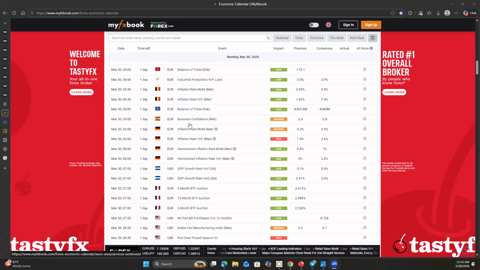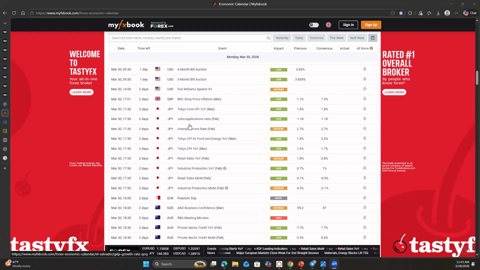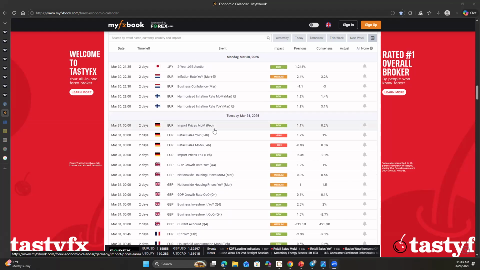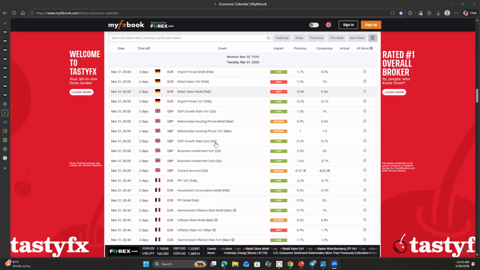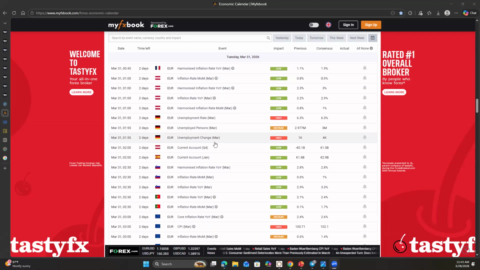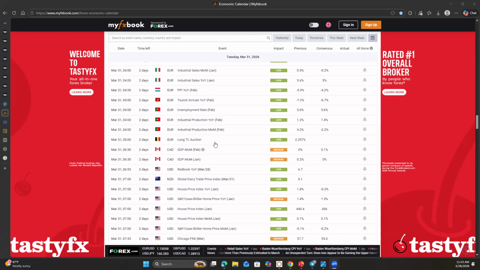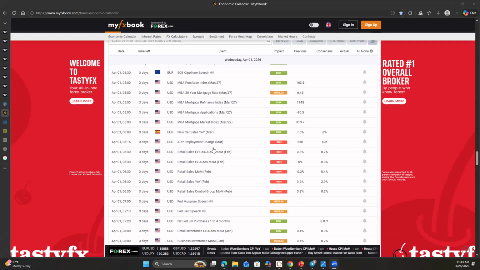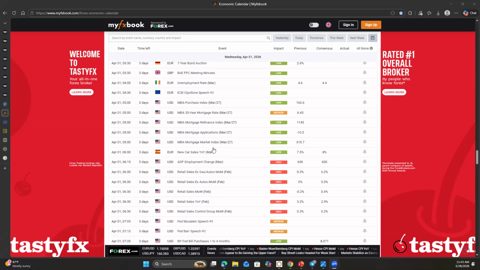A couple of red folders on Tuesday. And then we go into the beginning of the second quarter.